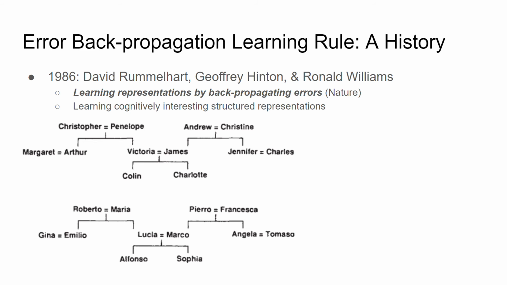And what is this training data? This training data is saying this is a family tree. And this is saying things like Alfonso and Sophia have parents, and those parents are Lucia and Marco. Okay? And then Marco's parents are Piero and Francesca.